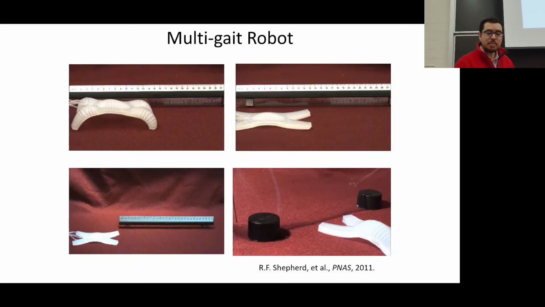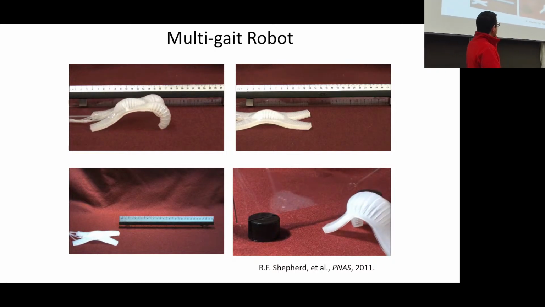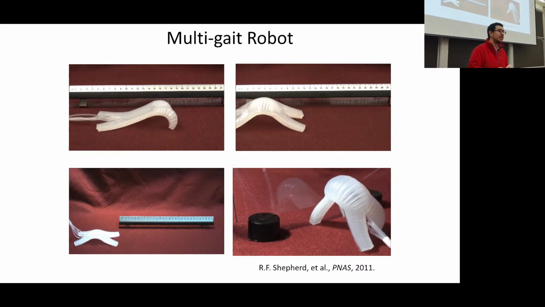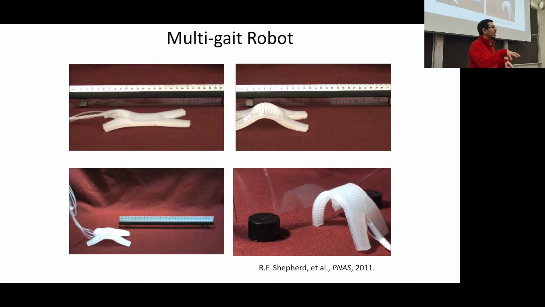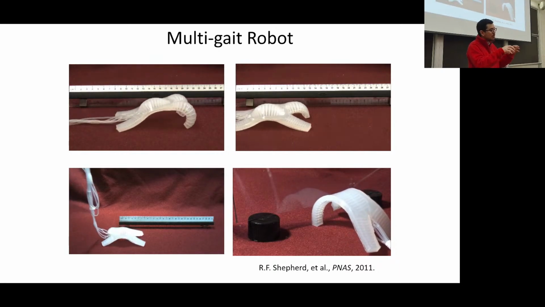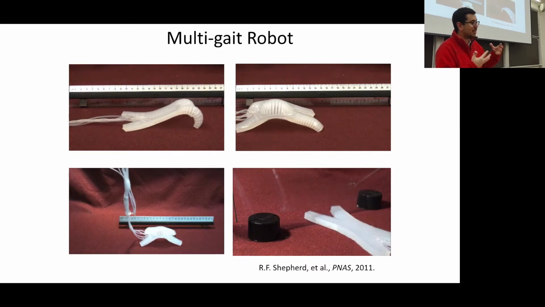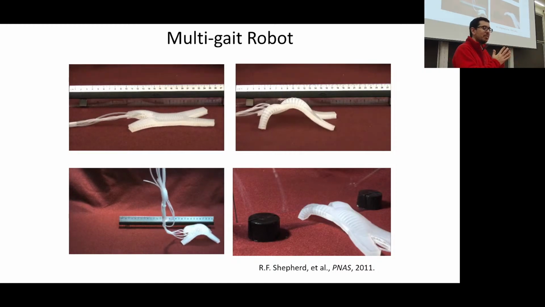And then Rob Shepherd, who is at Cornell now and still is a very creative person, was able to expand from that one actuator to multiple embedded actuators in this piece of rubber. Okay, well, it's a couple of pieces of rubber that we put together.